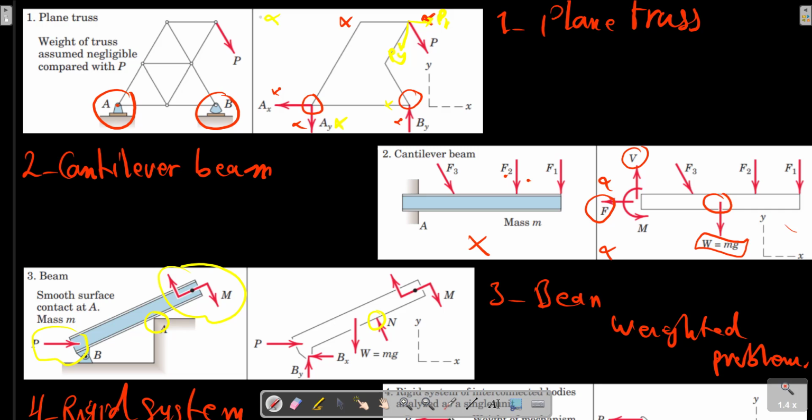The assumed positive sense of Bx and By in example 3 and By in example 4 are shown on the free body diagram. The correctness of this assumption is proved or disproved according to whether the algebraic signs of the computed forces are plus or minus when the calculations are carried out in an actual problem.